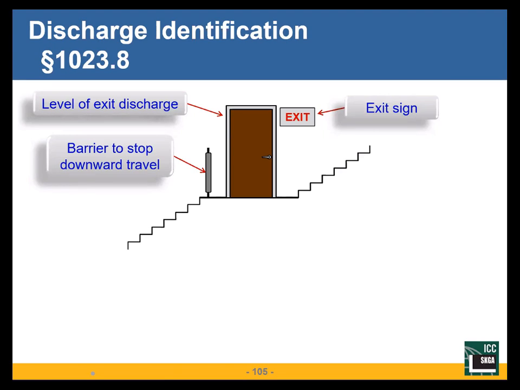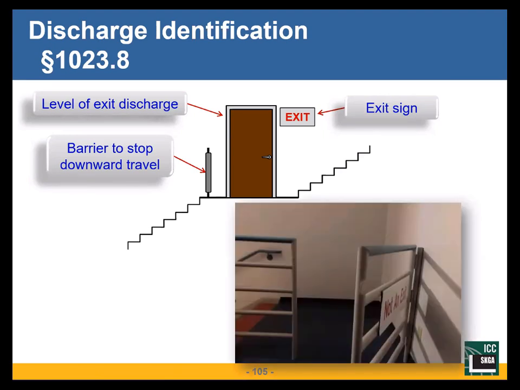When I get to that barrier, I hit it, I have to open it up. It's in the direction of travel from the lower floors coming up to the level of exit discharge. So I'm going to have to stop, open it up, and then continue down. The intent is just to get me to stop and realize something's different here, hopefully see the exit sign, and exit the stairway.